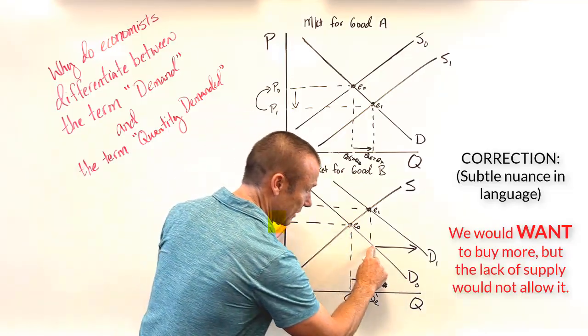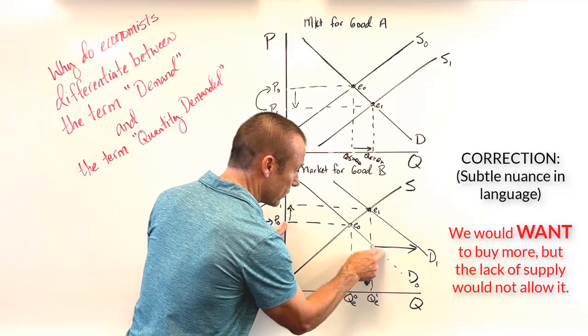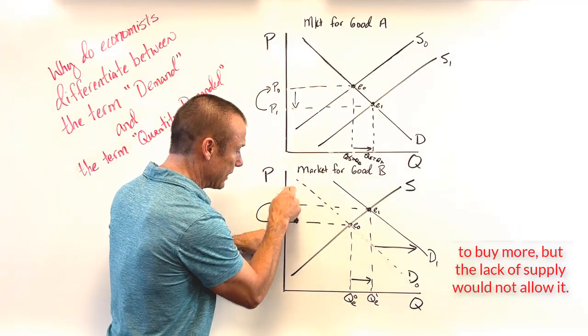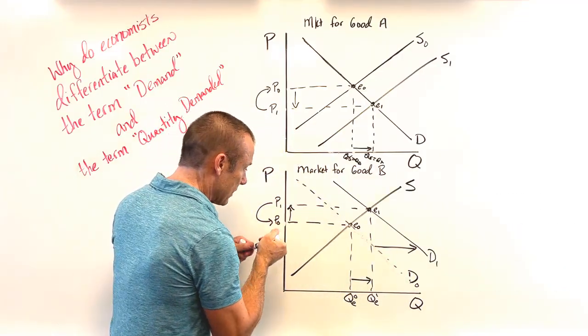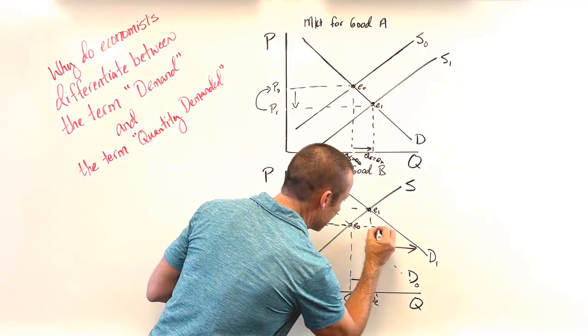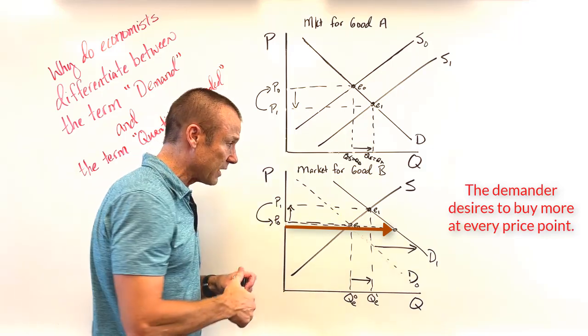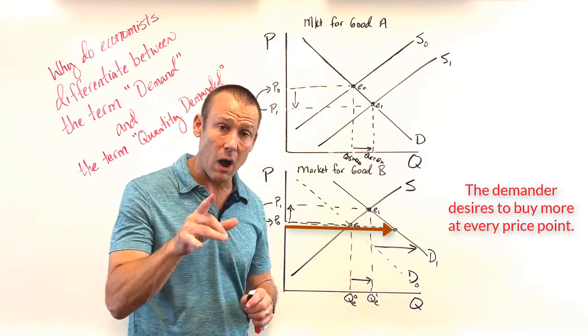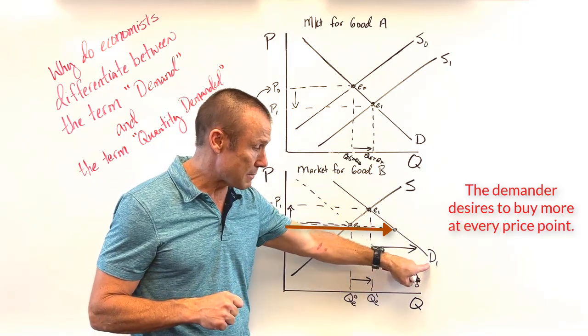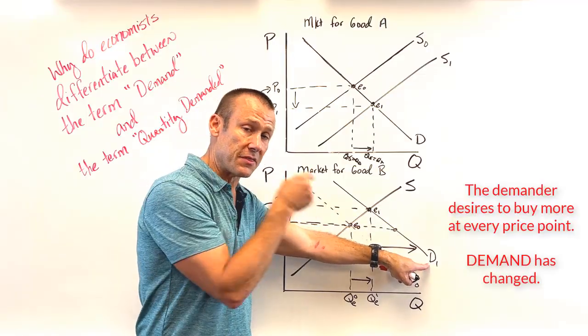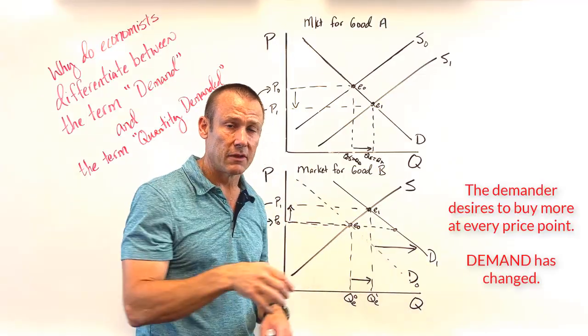But now demand has shifted to the right. This curve doesn't even exist anymore, right? So if we go back to the original price, now the quantity demanded is quite a bit more. If we were to go back to the original price, we would demand more than we used to. Why? Because again, demand changed in this particular graph.